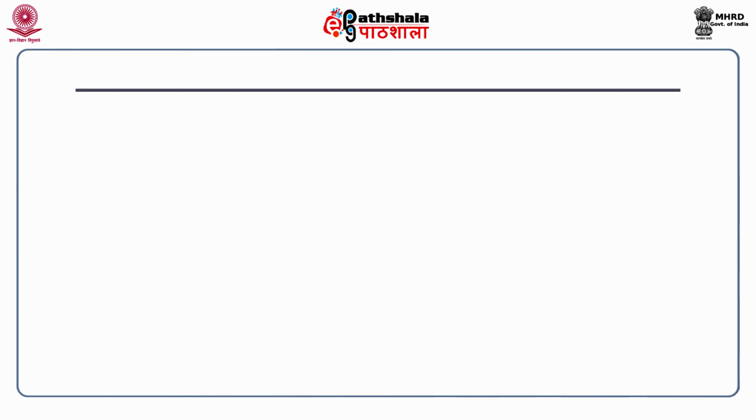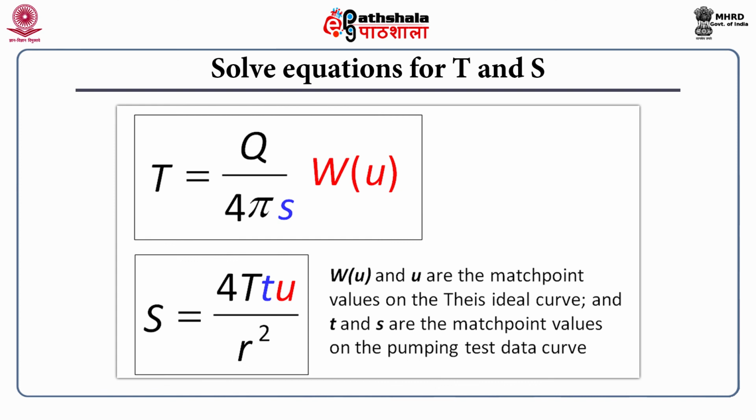All these values corresponding to this point are substituted in this equation. The first one is T is going to be equal to Q upon 4 pi s into W. We already obtained the value of W. s is obtained from the matching curve and Q is a constant value which is known to us, and 4 pi is a constant parameter. So, we can obtain the transmissivity from this equation.